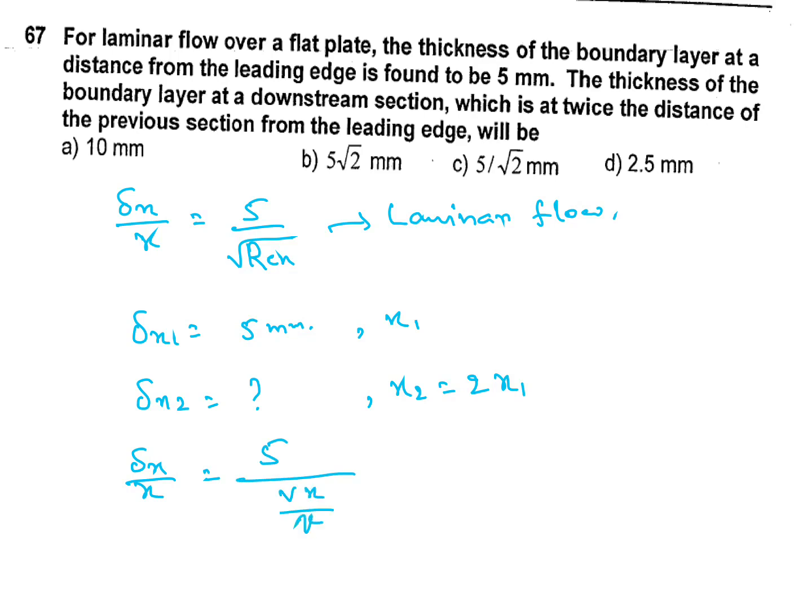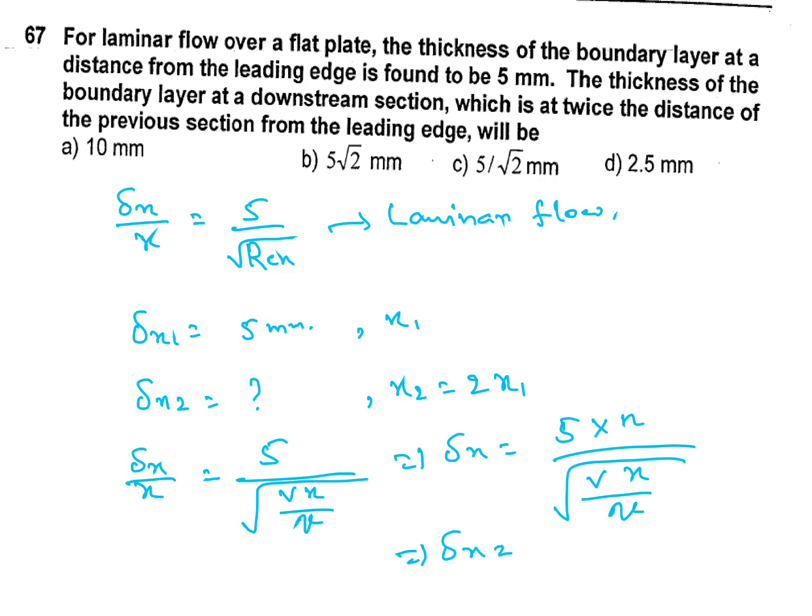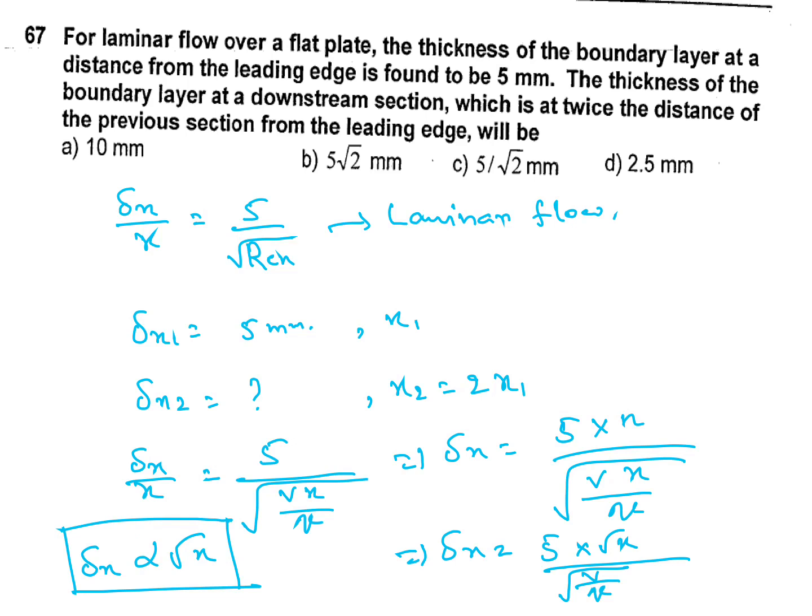So delta x equal to 5 root x by U by kinematic viscosity root. So from here delta x is proportional to root x. This relation we have to use in this question.